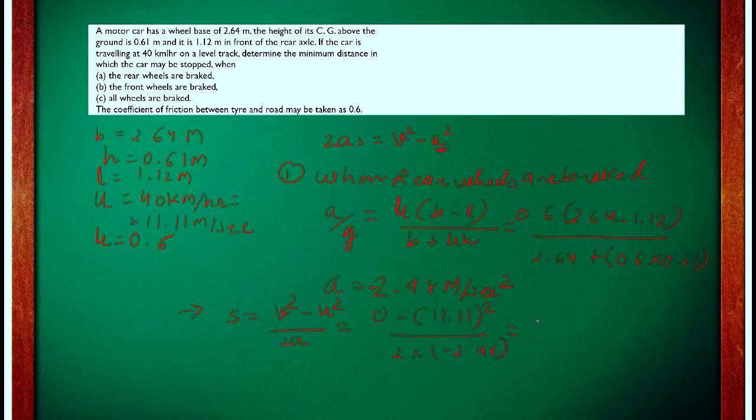So the value for s is 20.55 meters. So for this case, where the rear wheels are braked, our stopping distance for this particular velocity and acceleration becomes 20.55 meters.